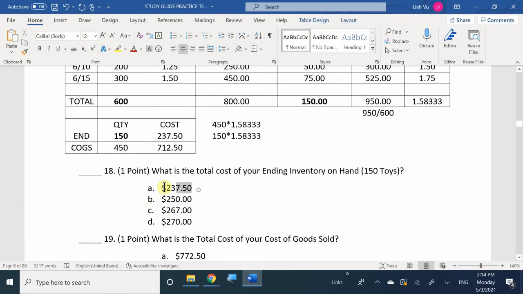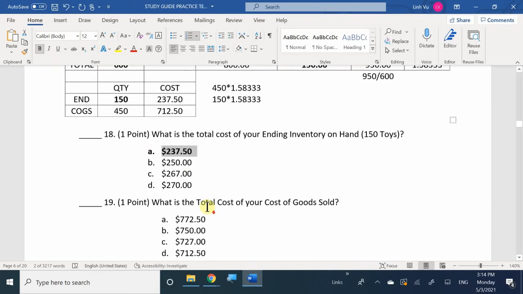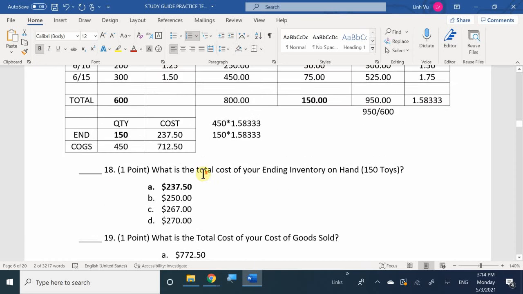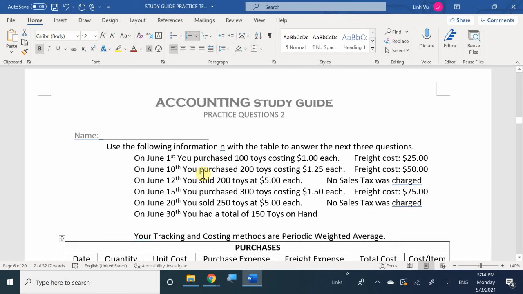A. And lastly, what is the total cost of your cost of goods sold? D. Okay. So once again, on your exam, you're subject to know how to do all three, but I will only test you on one.